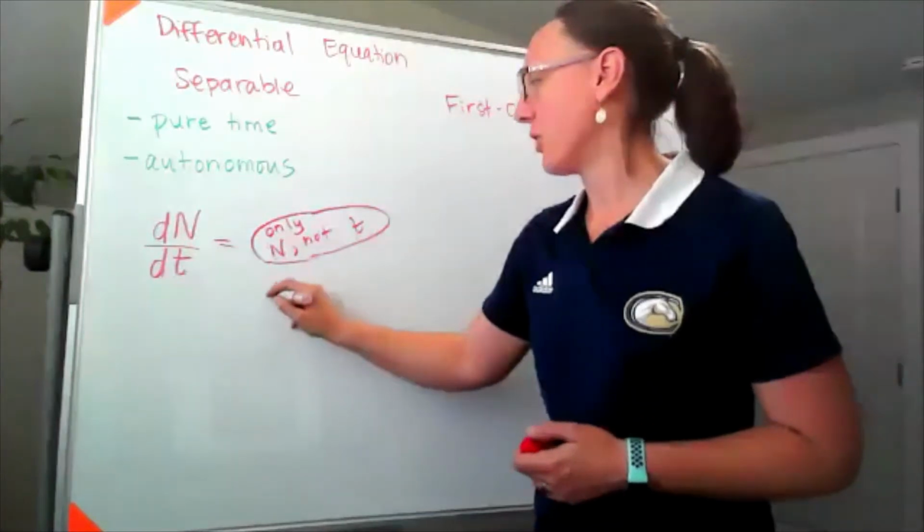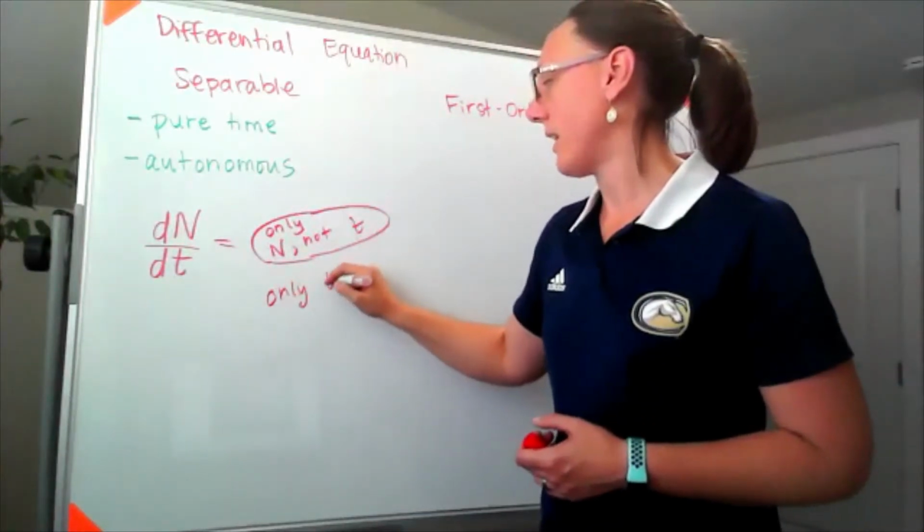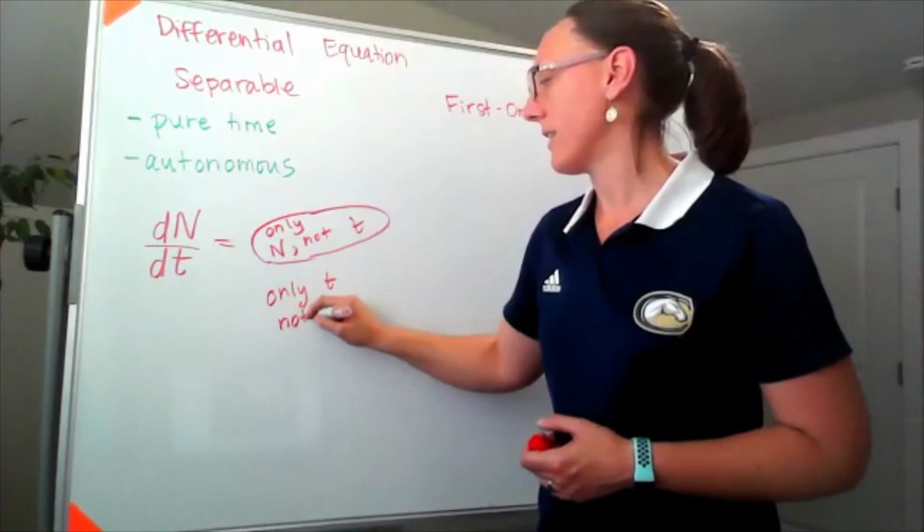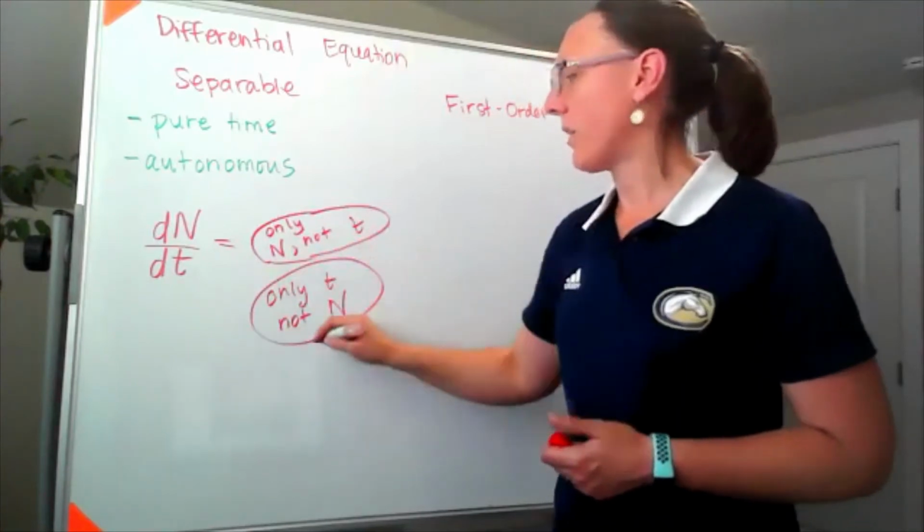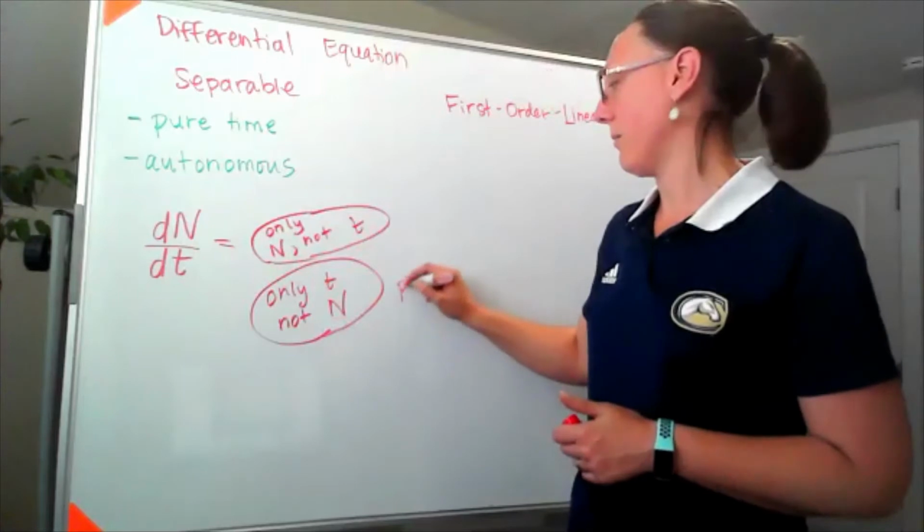If this side includes only t and not N, then we would call it a pure time.